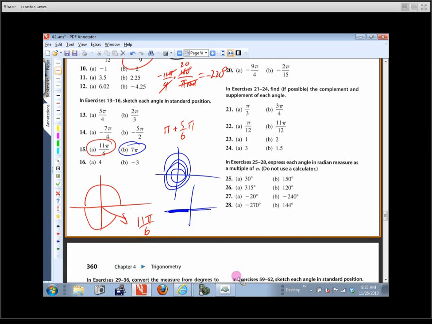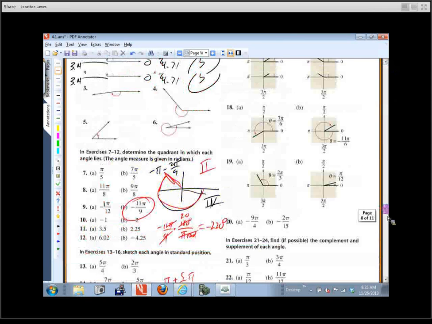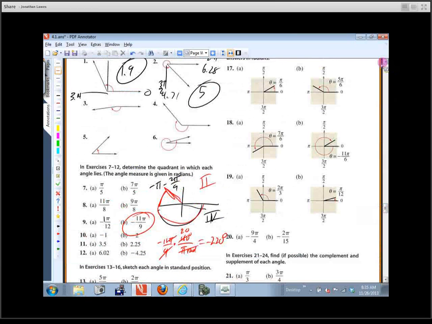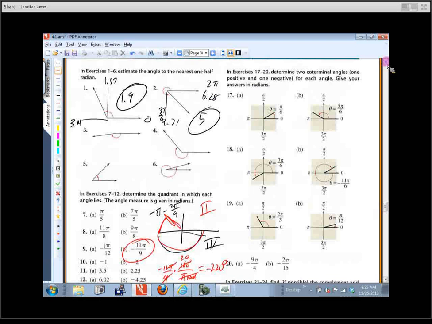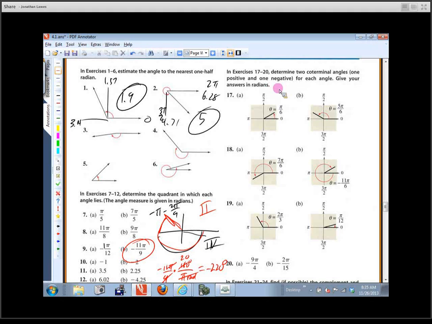All right. Let's see. Look at number 18. It says, determine 2 coterminal angles, one positive and one negative for each one, and then give your answer in radians. So on number 18, and we'll just do this one right here, we've got 7 pi 6.